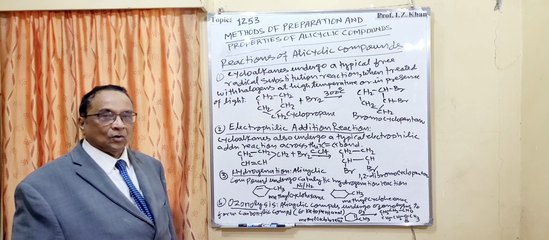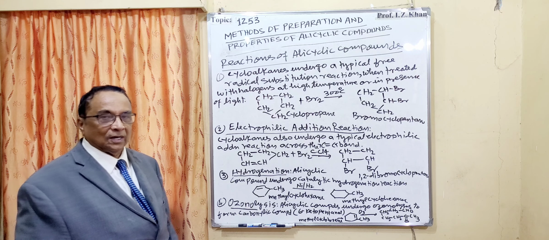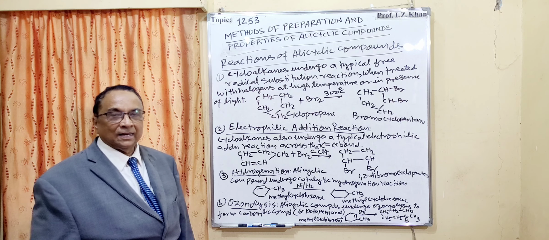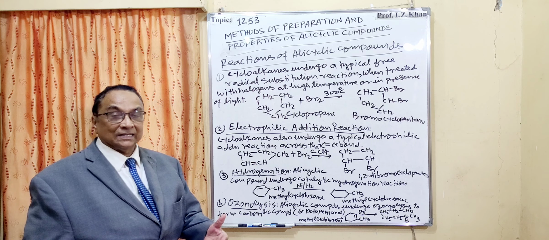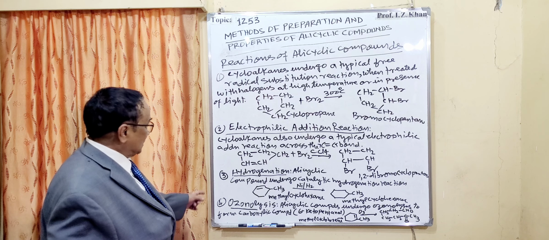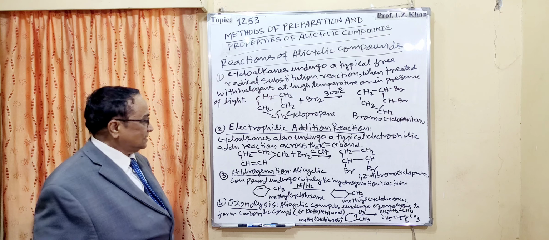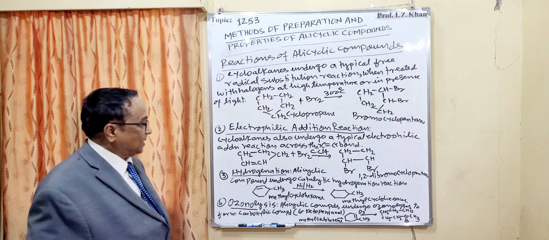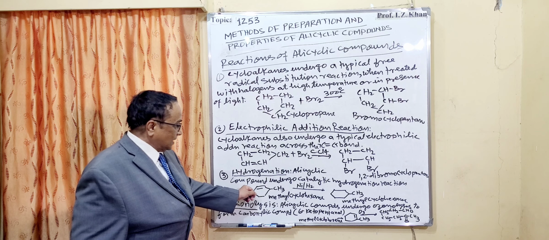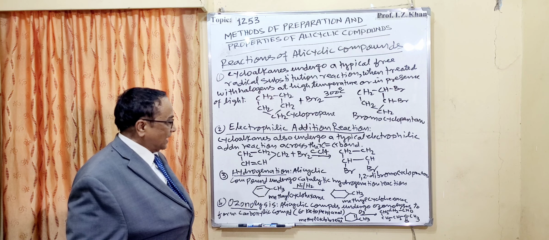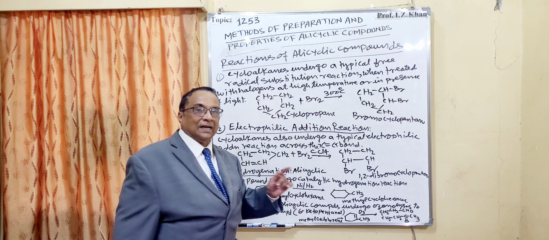Number three, hydrogenation. I have already discussed this when we discussed the methods of preparation, that alicyclic compounds undergo hydrogenation, meaning hydrogen will be added, and if there is a double bond, it will be converted into a single bond, for example cyclohexene. So the compound undergoes catalytic hydrogenation, and that catalyst is nickel, Raney nickel.